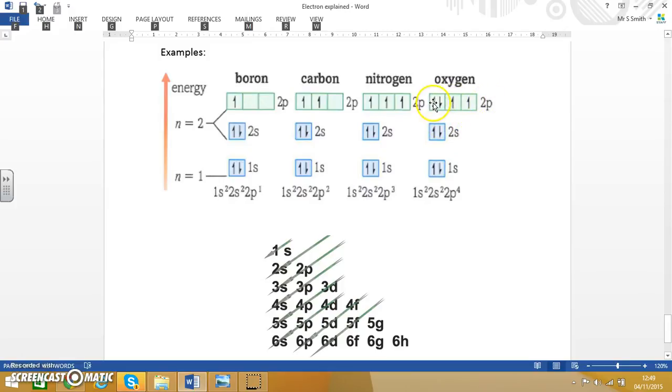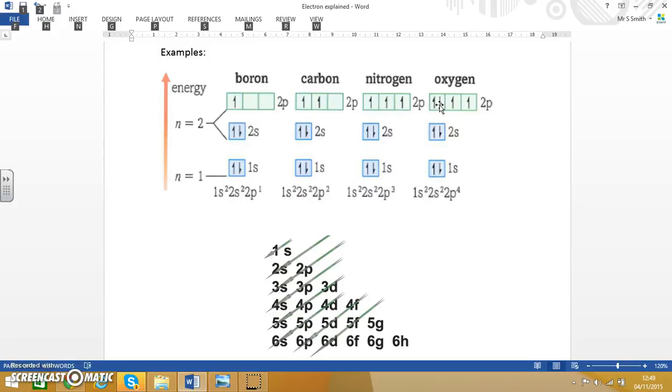So we have 1, 2, 3 electrons, 1 in each of the 3 dimensions, x, y and z, and then the final electron we now start doubling up. So we place the 4th electron in the first dimension of the p subshell.